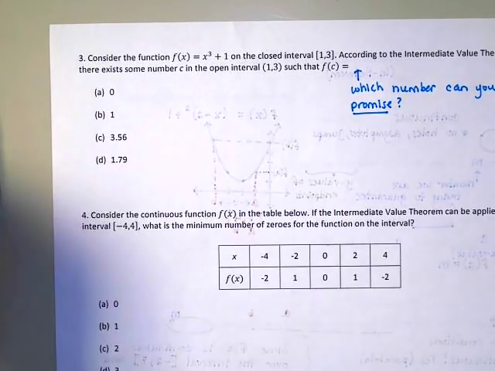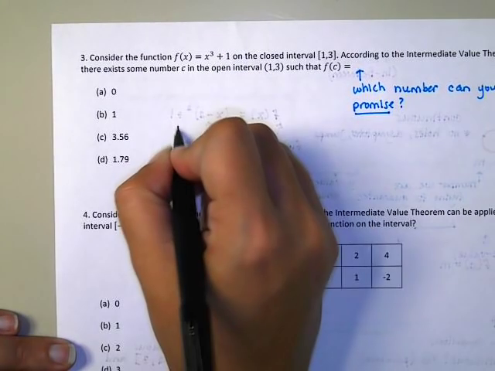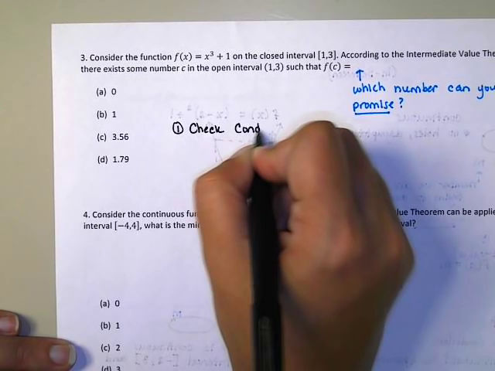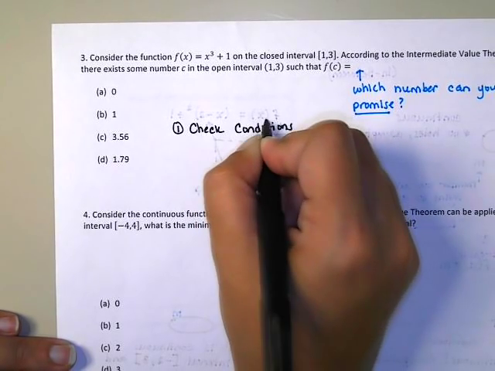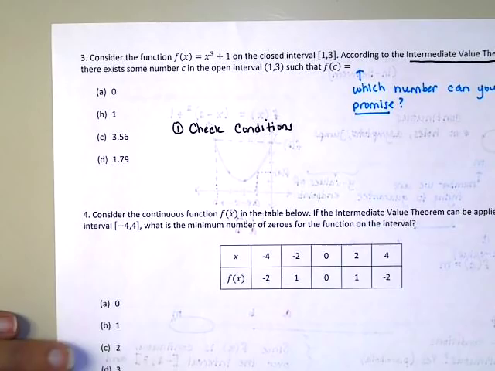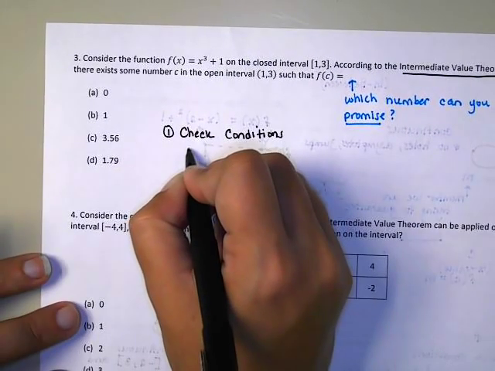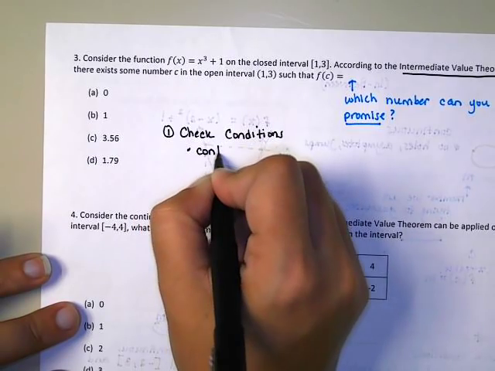Now the IVT says you have to be continuous. So we're going to check our conditions, which I know to do because it's telling me to use the intermediate value theorem. The IVT says if we check our conditions, are we continuous?